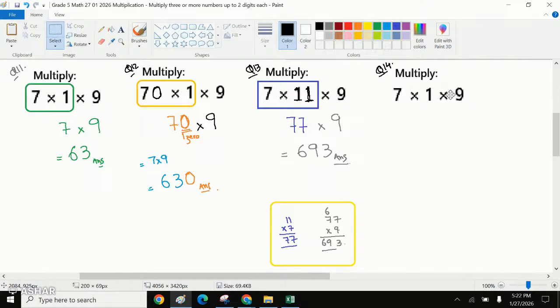Let's make this 17 multiplied by 12 multiplied by 9. So what we can do is multiply the bigger numbers first. Yes, thank you, Grace. Thank you, Edward.